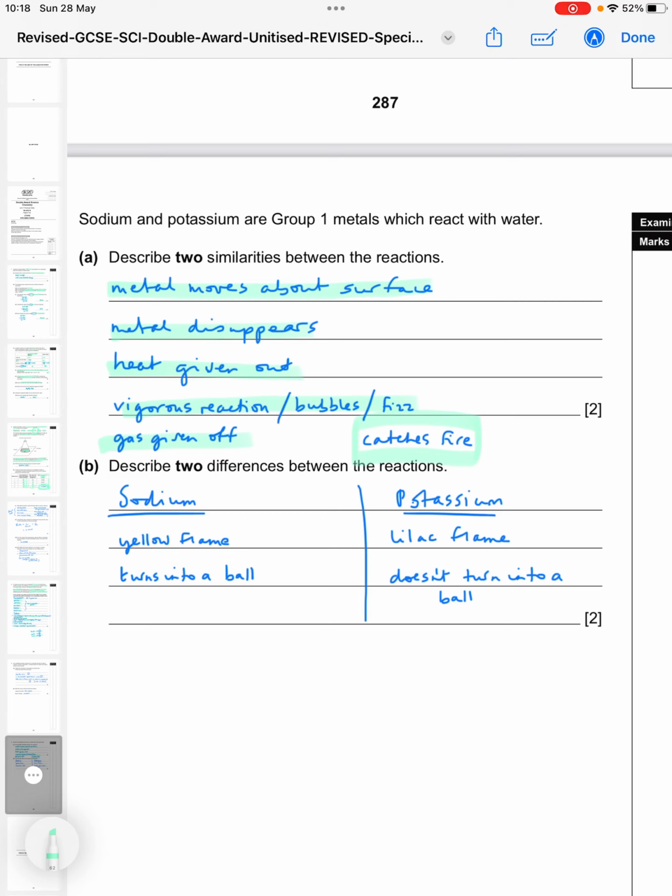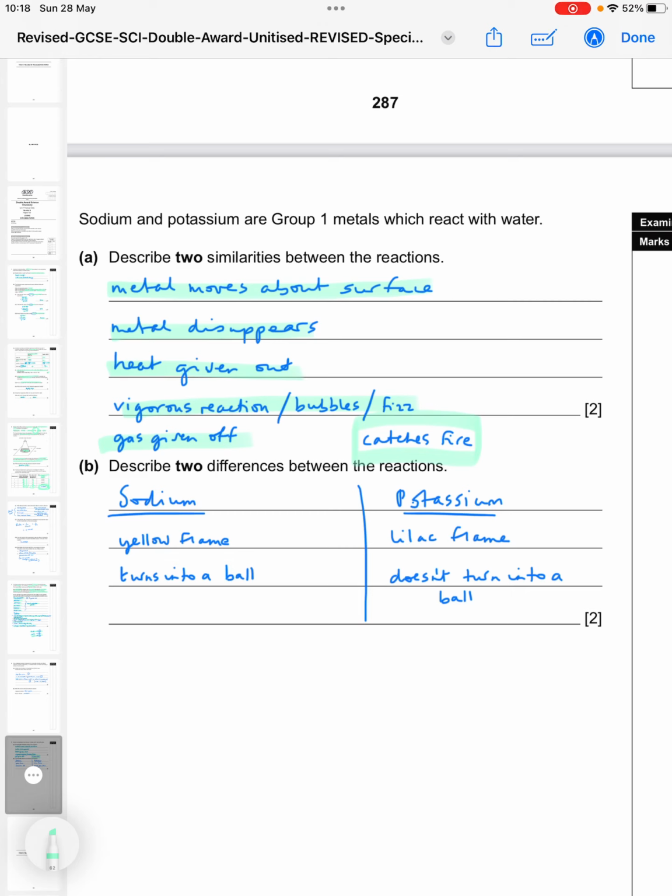Now, again, the mark scheme for this, I feel, is not well conceived. So we have sodium, they're saying a yellow flame, potassium a lilac flame. What I would have said would be that sodium does not produce a flame, potassium burns with a lilac flame.